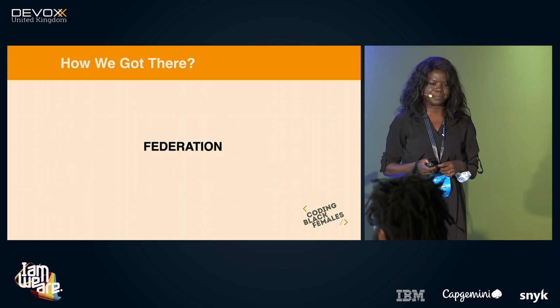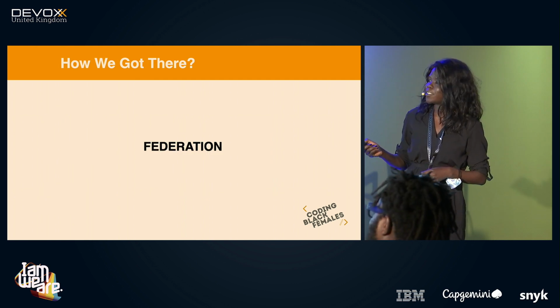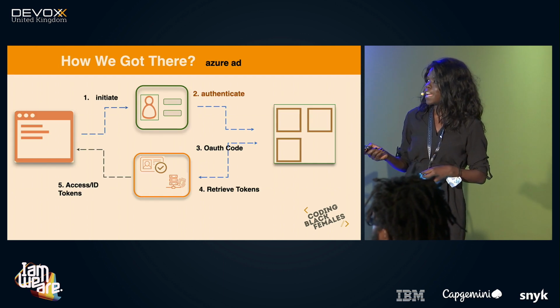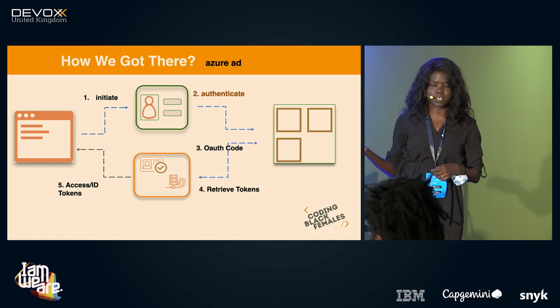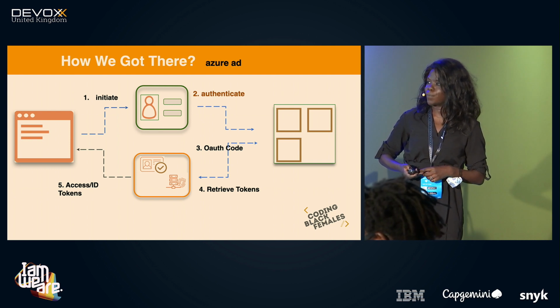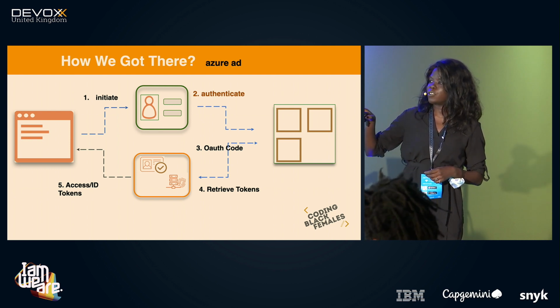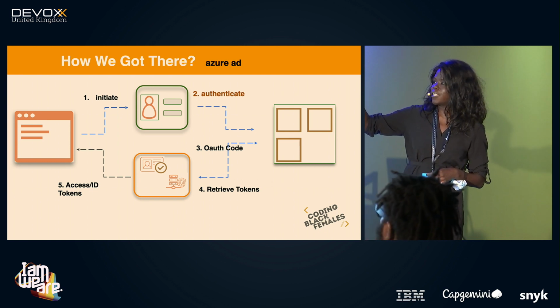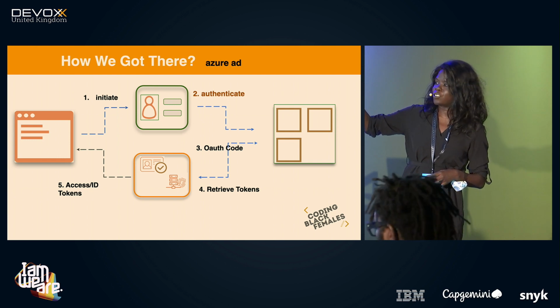Next, federation. We did that with Azure AD. And this is what it looked like in terms of the flow. A user would be directed to a hosted UI, and then they would be directed to authenticate to Azure AD.